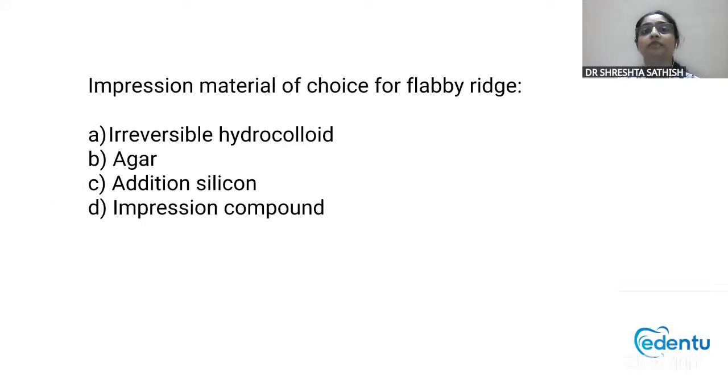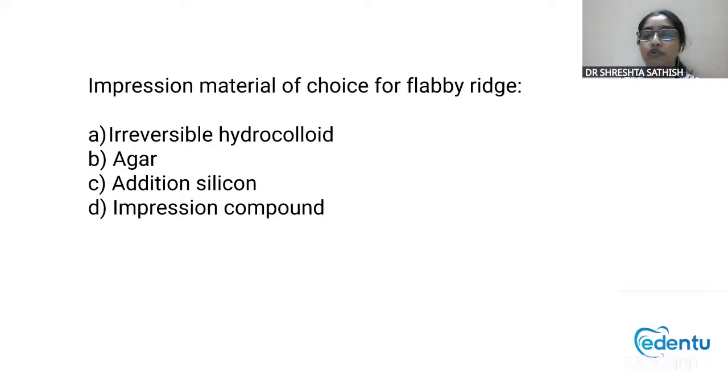What is the impression material of choice for a flabby ridge? Irreversible hydrocolloid, basically alginate, agar, addition silicone, or impression compound. See, when you're making an impression for your flabby ridge, you are going to use a mucostatic impression material.